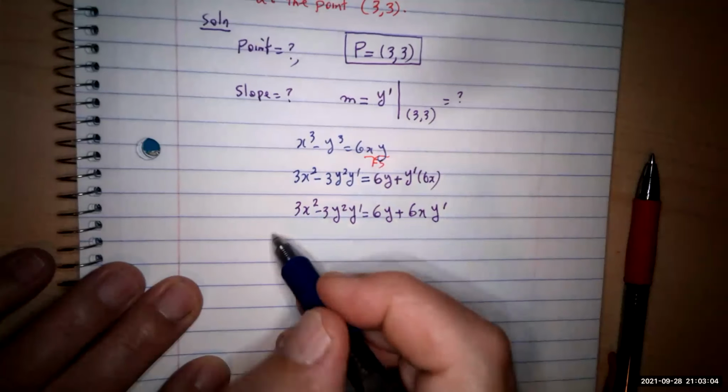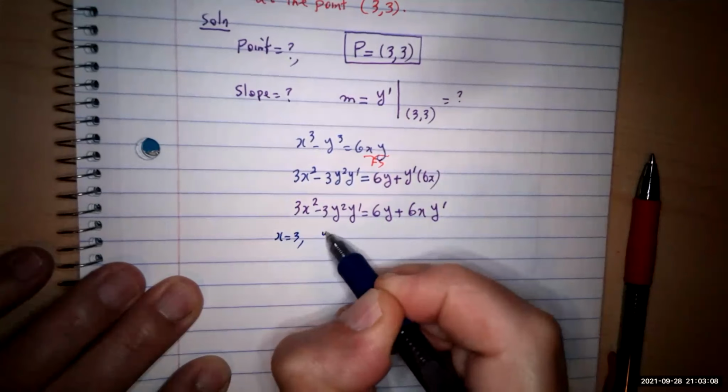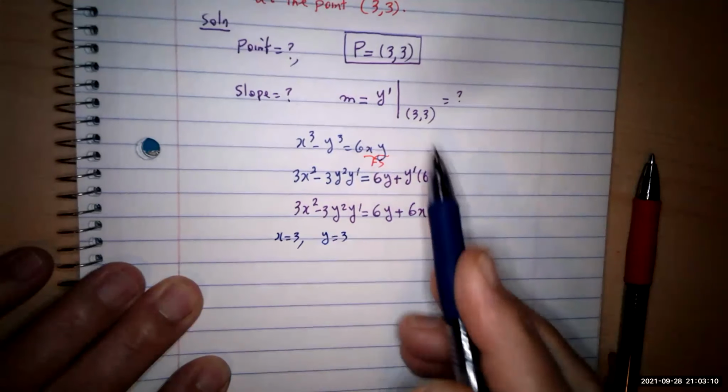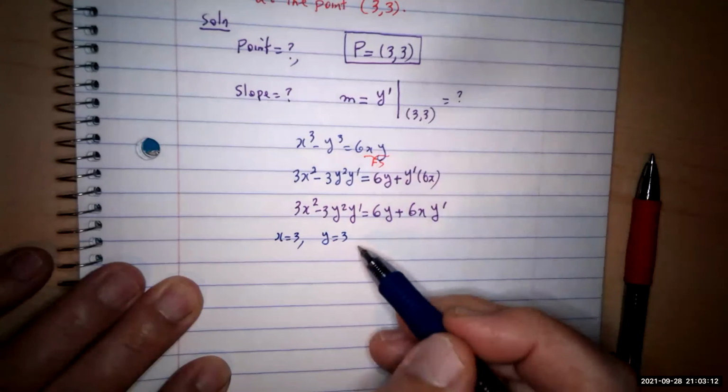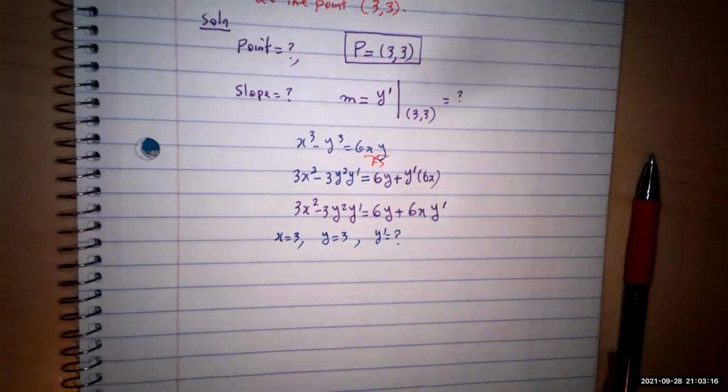You put the point P, x is equal to 3, y is equal to 3. Then solve for y prime. Because you have two choices. You can find the y prime first, then substitute, or you substitute first, then find the y prime. That's much, much easier for this type of function, okay?